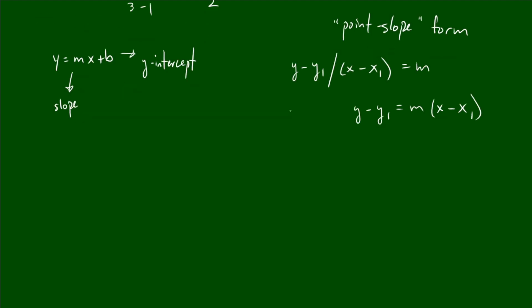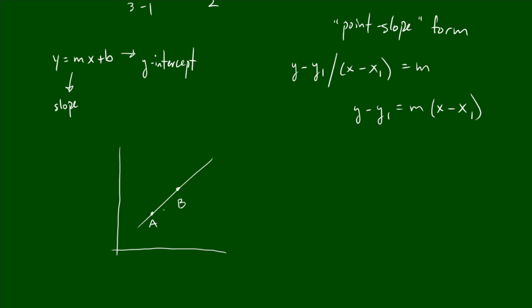Well, let's draw a diagram here. Let's say you have A and B, where you know what the coordinates of A are, but you're not exactly sure what the coordinates of B are.